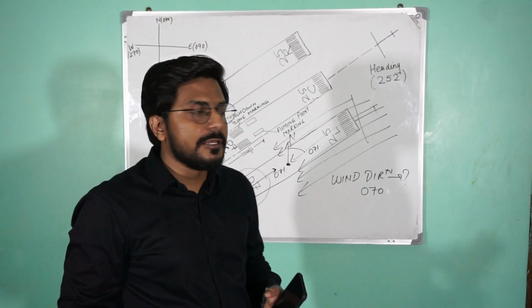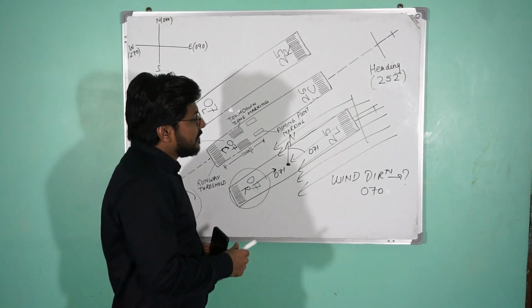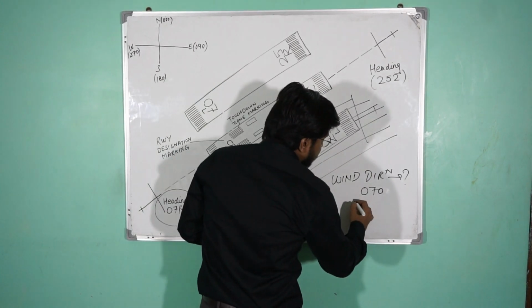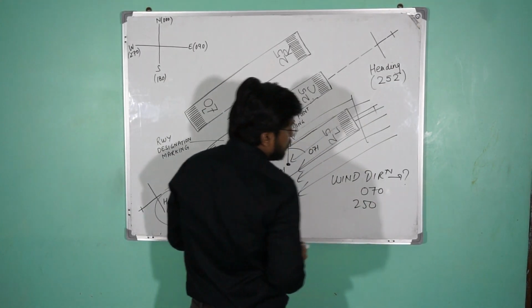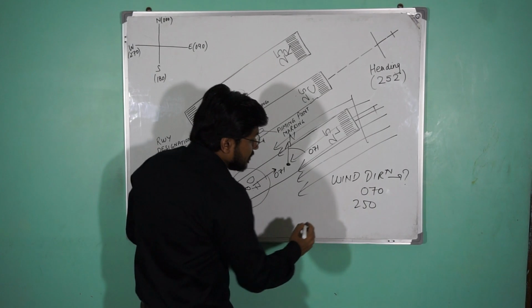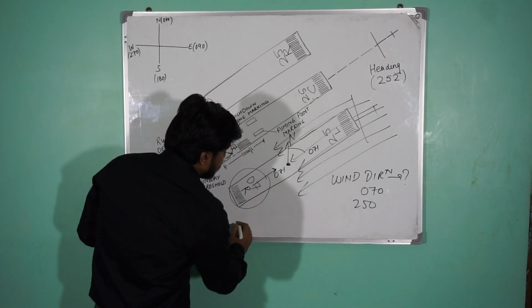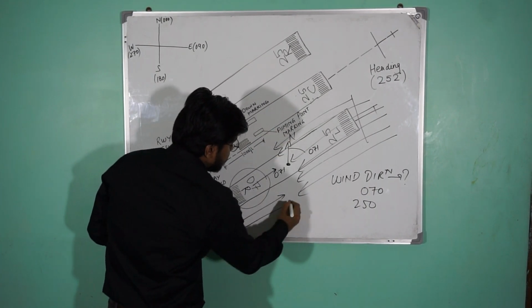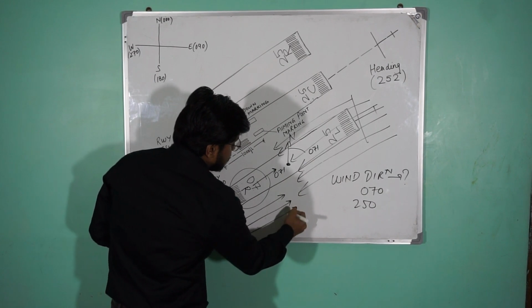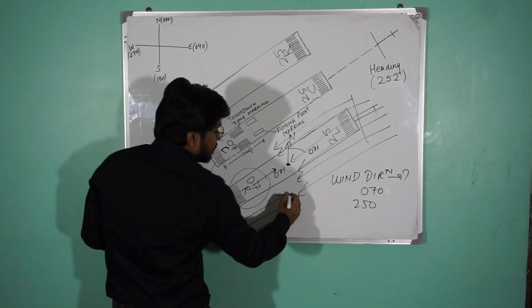Approximately, obviously, I will not give the exact thing, but you can give the approximate value. Whenever it says the wind direction is 250, what do you mean by 250 wind direction? You will draw the lines of wind in this direction and say this is known as 250.